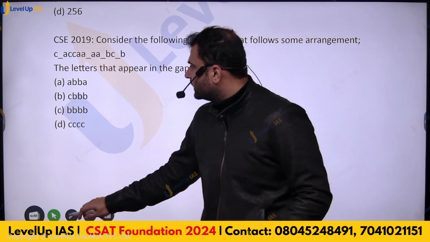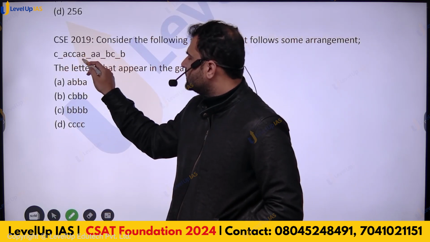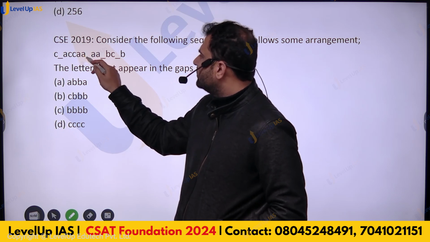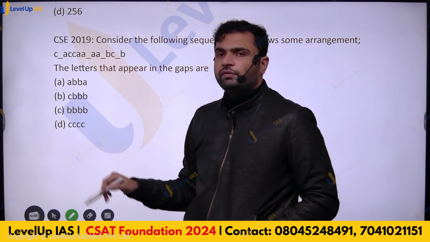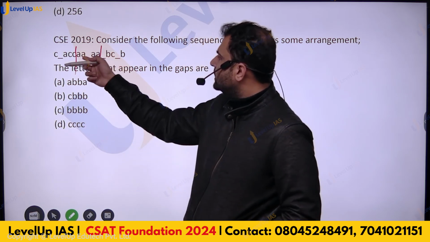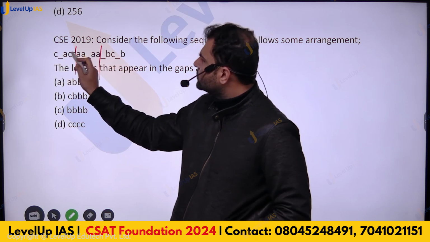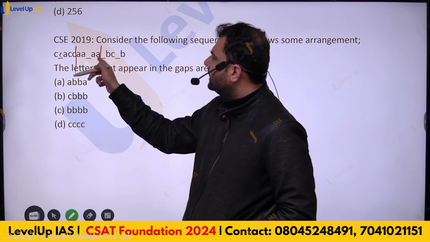Again our letters, we will calculate the number of letters. 1, 2, 3 plus 3, 6, 7, 7 plus 4, 11 plus 4, 15. So it is going to be 5, 5, 5 difference. See AA at the end. So here 2 letters are repeating. So it could be CC, ACC, then AA.